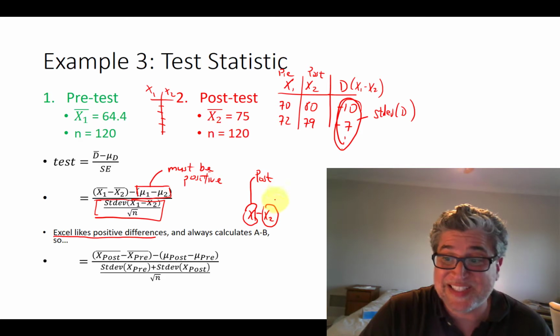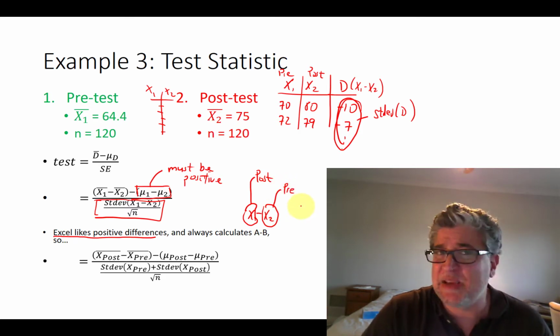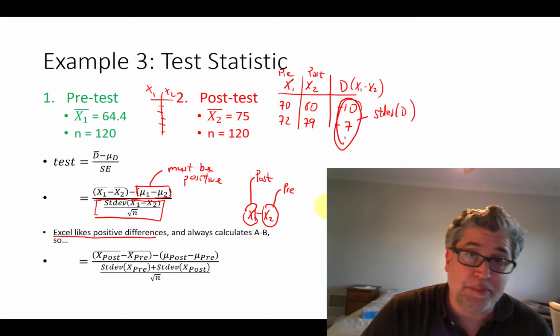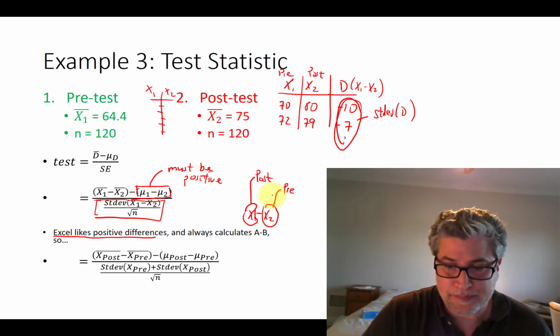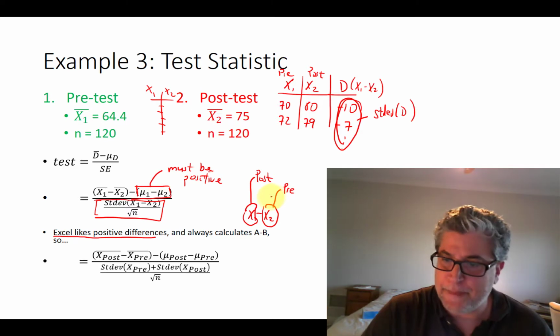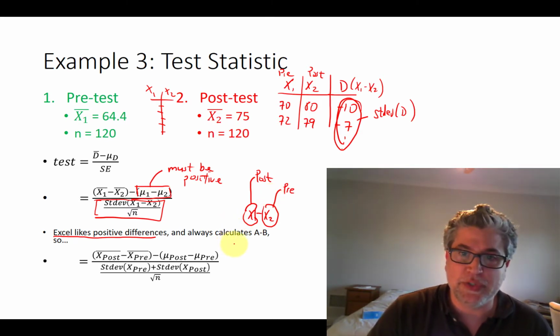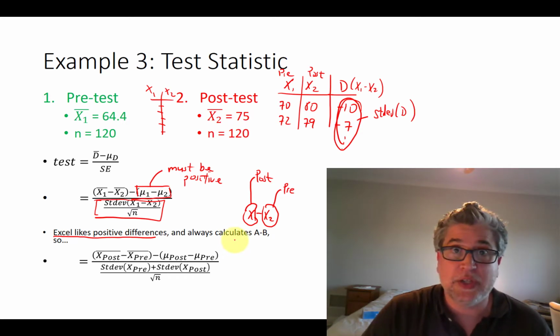The variable we list second is going to be our pre variable, which is a little, I think, backwards, but we got to work with Excel. Okay, so that's pretty much it. Let's switch over to Excel and try this out.